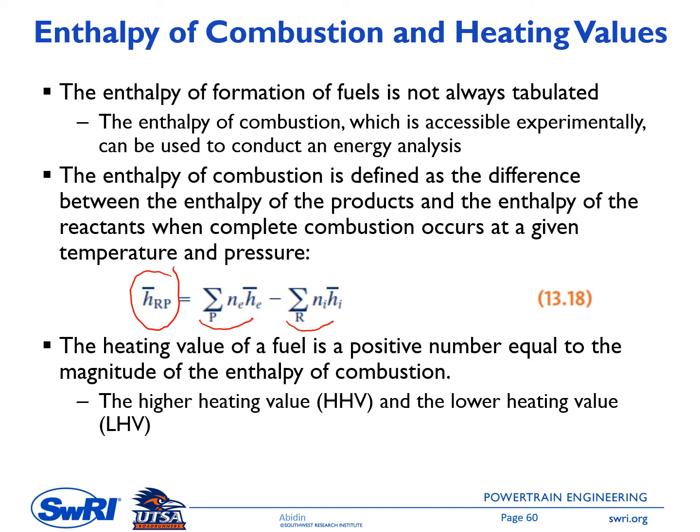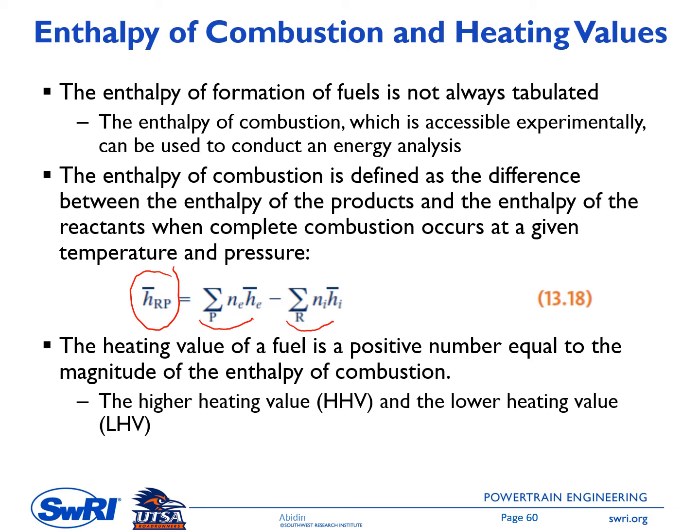The enthalpy of combustion is negative because combustion is an exothermic process, and the positive number of this enthalpy of combustion is called the heating value. There are two different values for heating value. One is called the higher heating value, HHV, and the second one is the lower heating value, LHV.